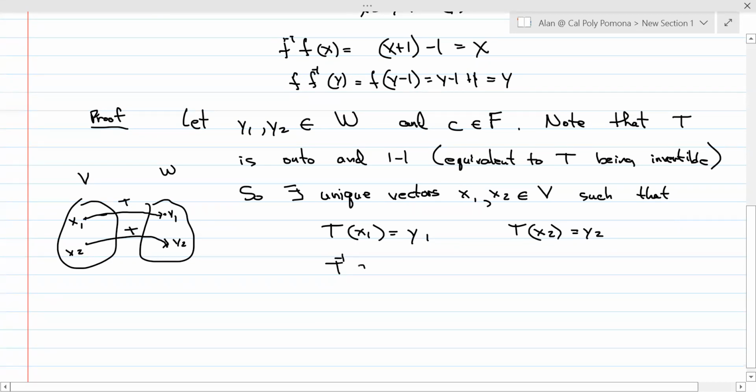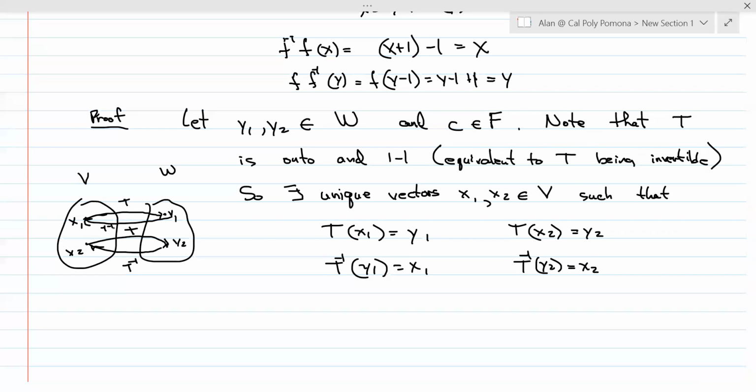T inverse of y1 goes with x1, and T inverse of y2 goes with x2. So the inverse function goes the other way, taking you back from y1 to x1. Okay, so there's a little picture that could be helpful.